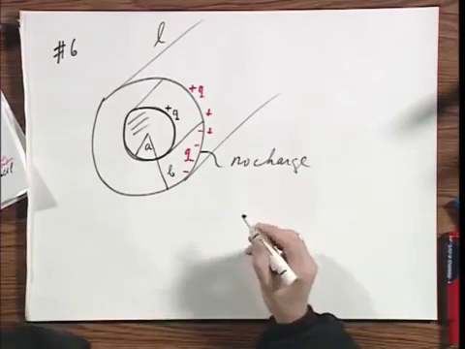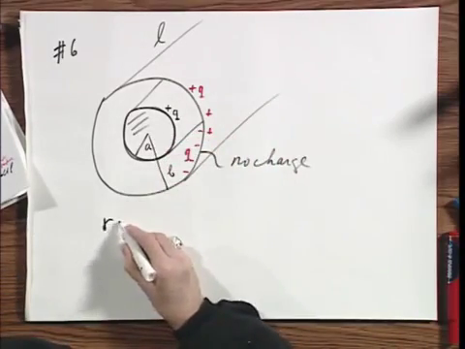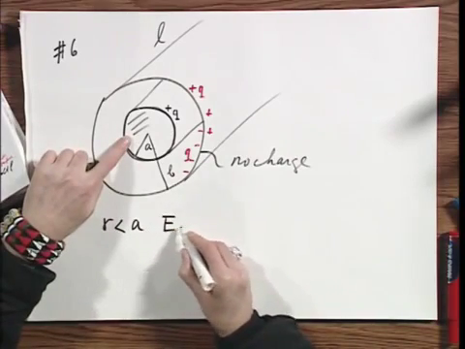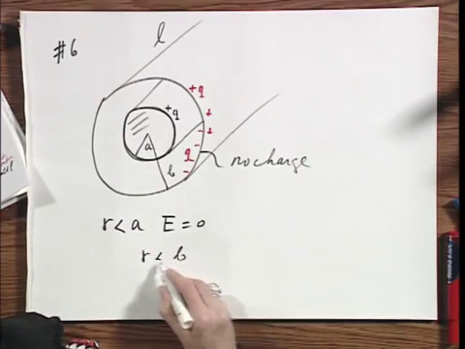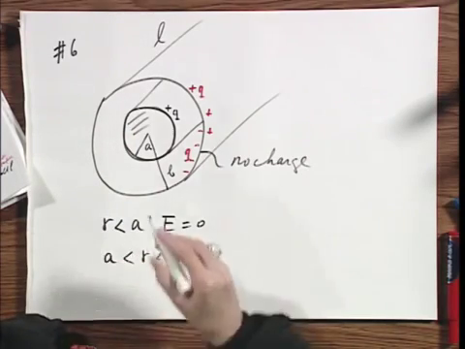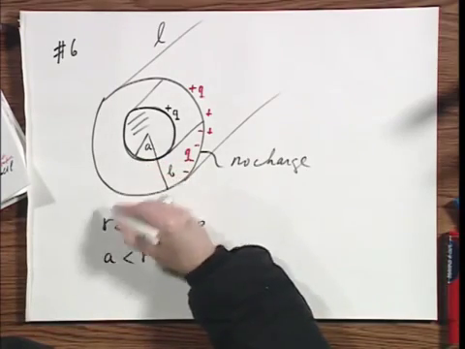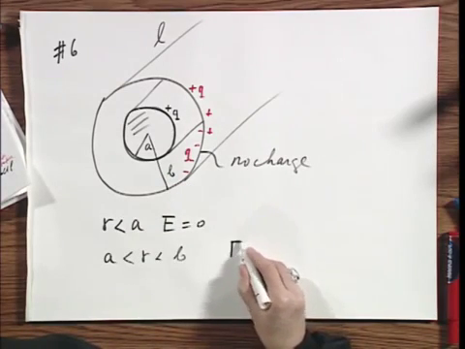And you're being asked now what the E field is everywhere in space. Well, R less than A, inside this metal, E is 0. That is easy. R less than B and larger than A, which means in this opening, we've done that before. I think you should do that yourself.